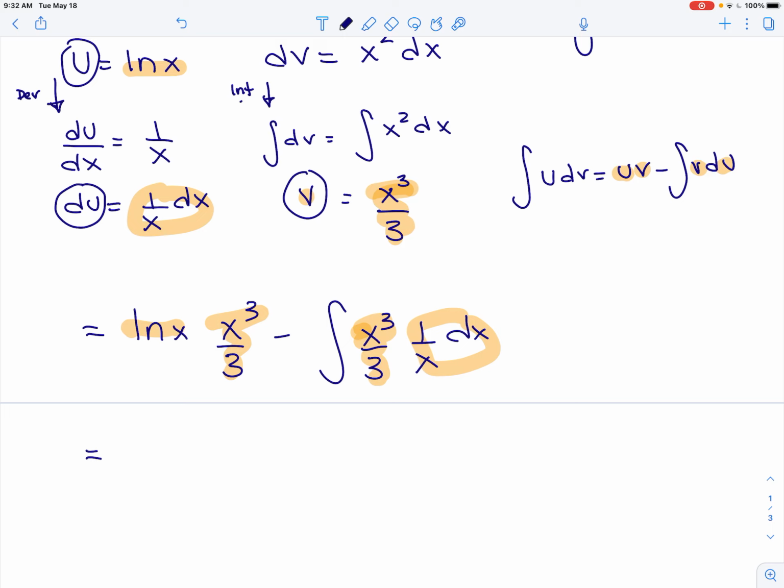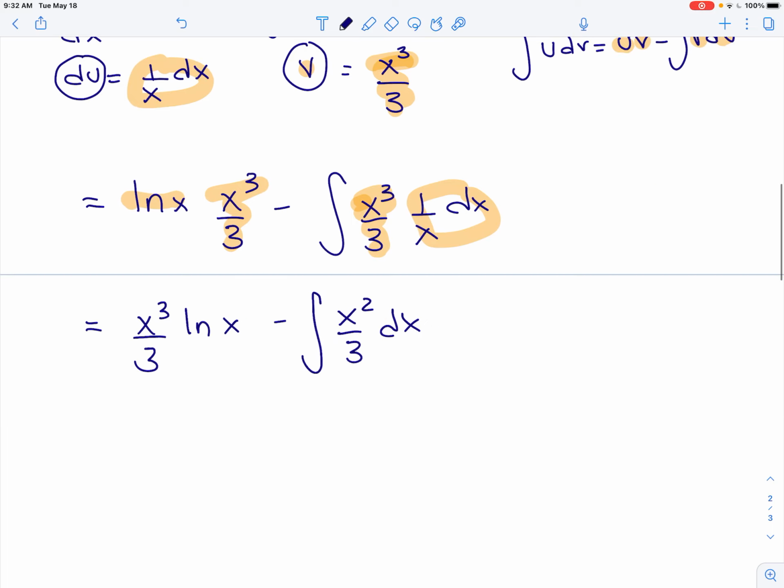I'm just going to rearrange this. I'm going to put this out front so it doesn't look like part of the argument. And then this is going to become x squared over 3 dx, which luckily I can just antiderivative. And then this is going to be over 9 because 3 times 3. And then in my final answer, I will say plus c.